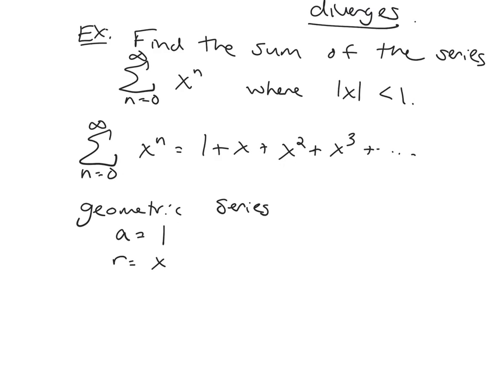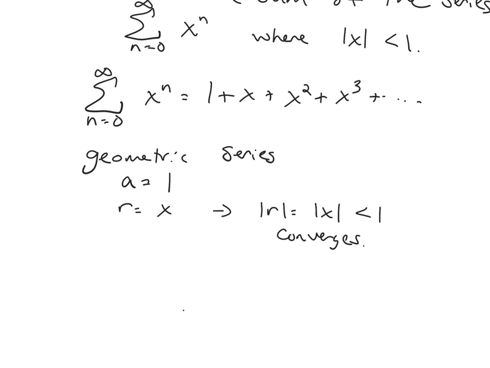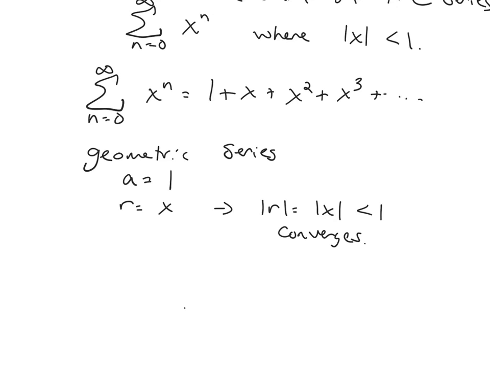And if I look at the absolute value of r, it's the absolute value of x, but they told me that this is less than 1. So does the series converge or diverge? Converges. Great, which is why they asked me to find the sum. So to find the sum, we just need to use the formula. We've identified a, we've identified r. So the sum of this series is a, which is 1, over 1 minus r.